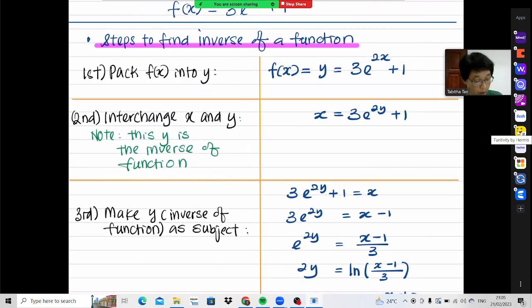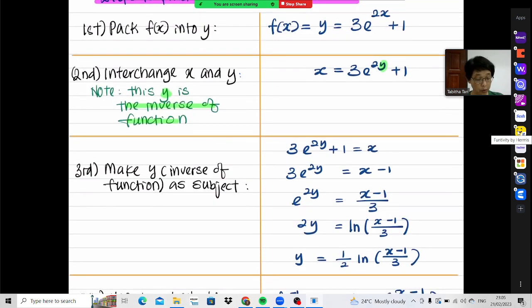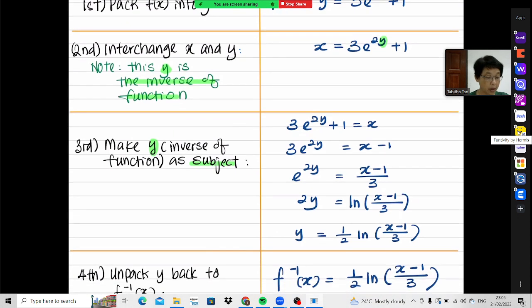This y is the inverse of the function. Okay, now after interchanging, because we have noted that y is the inverse that we are looking for, we want to make it the subject. So here are the step-by-step workings.